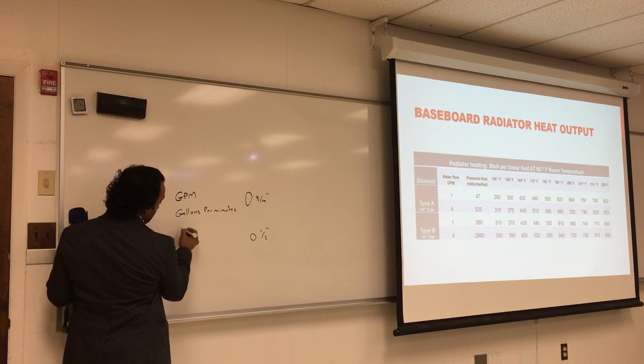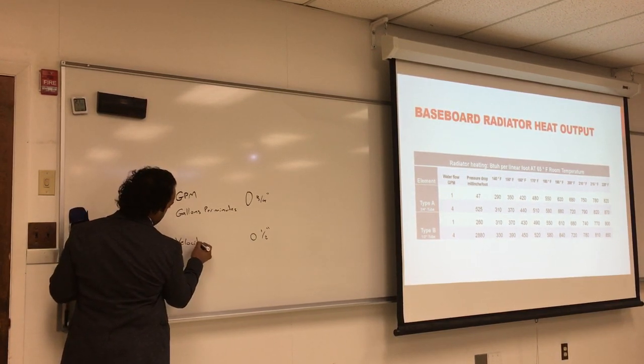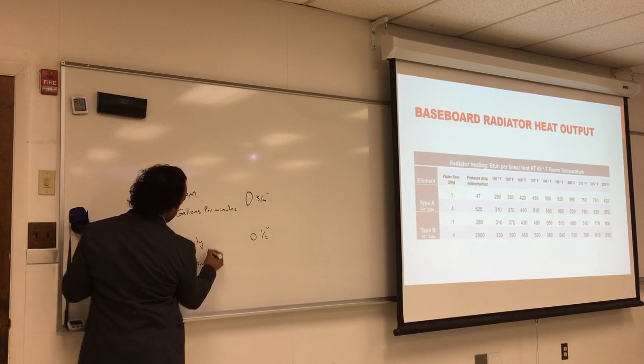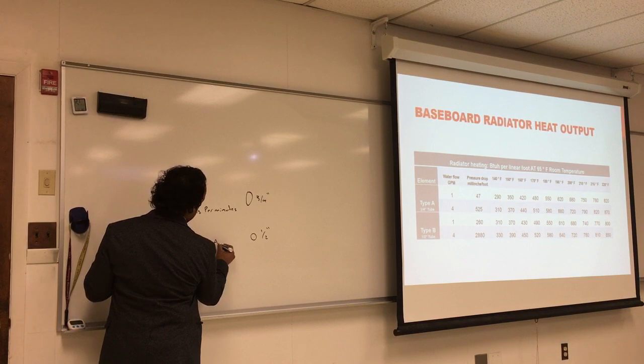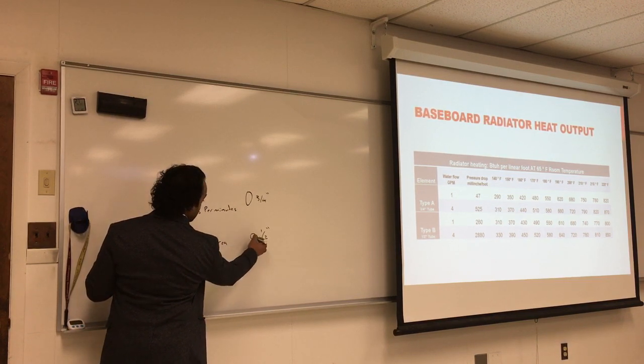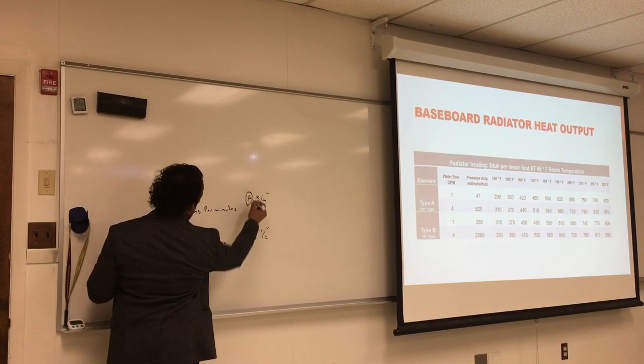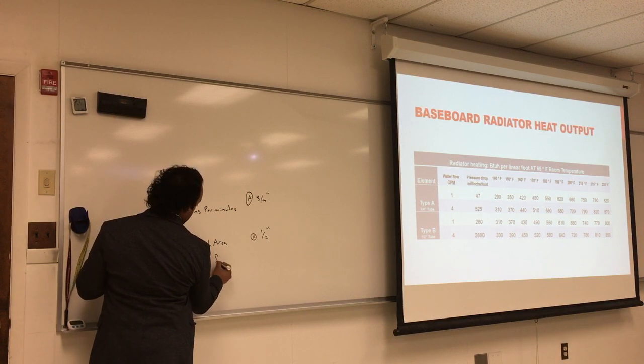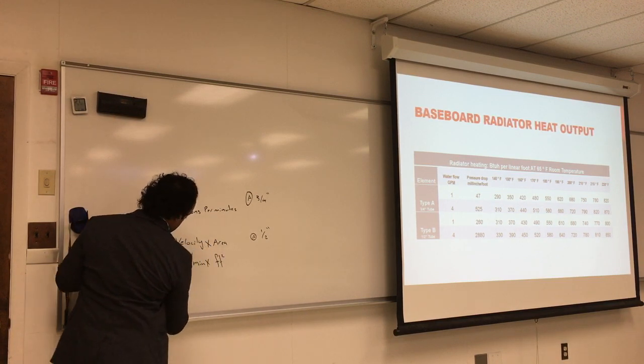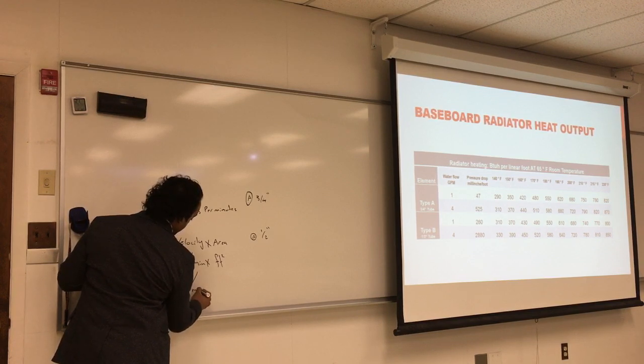That's volume, right? This equals velocity, which is foot per minute, times area of this, and that is foot squared, so you get foot cubed per minute.